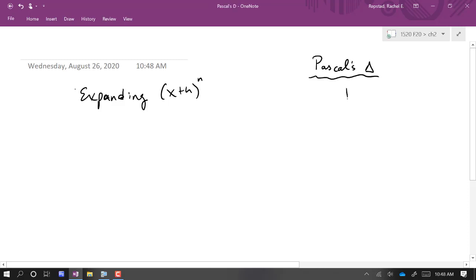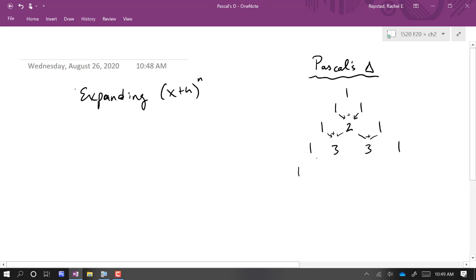Pascal's triangle starts up at a 1. That's the top row, just a single 1. And then at the next row, we have a 1 and a 1. Our next row has 3 values. Every row starts with a 1, and then you get the next entries by adding these together, so that's a 2. Every row ends with a 1. Our next row is 1, 3, 3, ends with a 1.